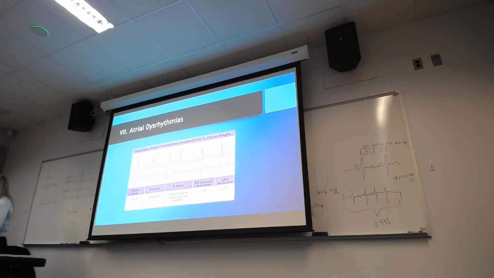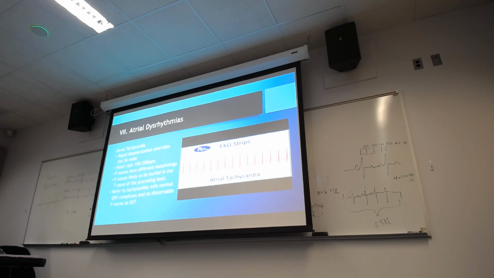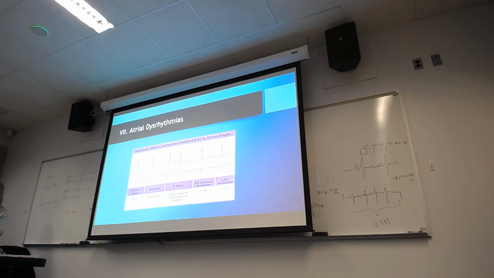Not inherently dangerous. And so when are you getting to the point of PACs that you're looking at it being a problem? In this strip, I have like one PAC. I'm not worried about that.